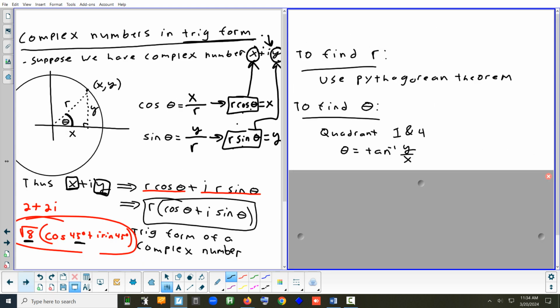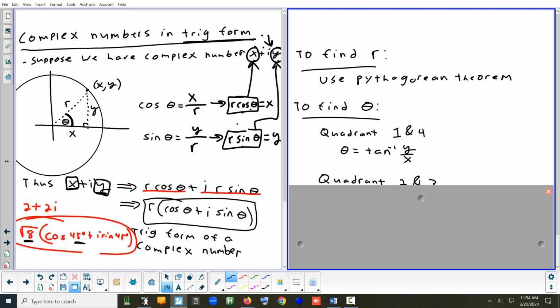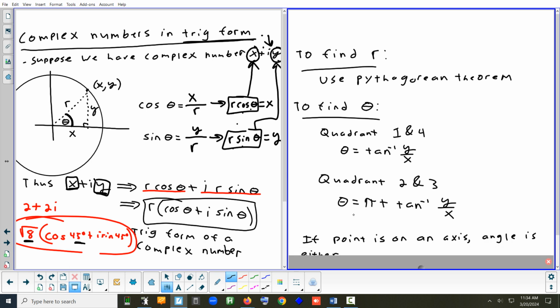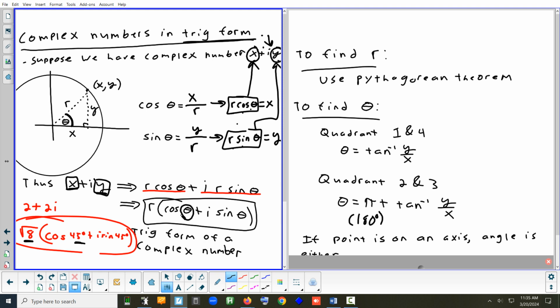So in quadrants 1 and 4, we can do the inverse tangent of y over x. If you're in quadrants 2 or 3, because those are on the other half of the circle, you need to add 180. So it's almost the same formula. But if your point is in quadrant 2 or 3, to get this angle right here, do the inverse tangent, but then add 180. If you were working in radians, you'd be adding pi.